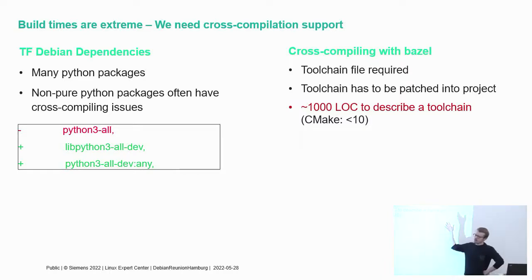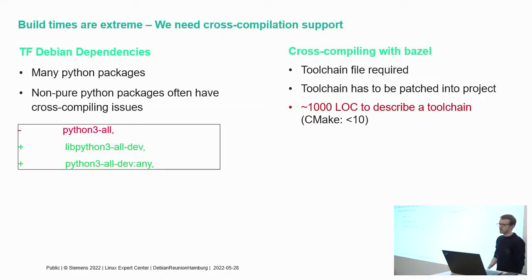Normally when you think about CMake projects, you write a toolchain file, and Debian's deb helpers have infrastructure for that, so you don't even have to write it. It contains some 10 lines specifying the compiler, the linker, and where to locate headers and binaries. But with Bazel, the situation is a bit different.